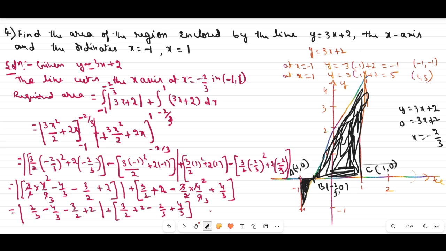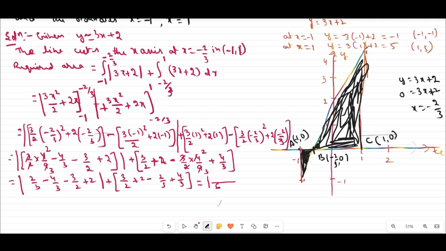Okay. So by taking the LCM, 6 is the LCM. So after finding this, what we will get? After taking 6 as the LCM: 2, that is 3, it becomes, sorry, 6. 3 ones are 3, twos are 6, 4 it becomes minus 8, minus 9 plus 12, plus even here 6 is the LCM.